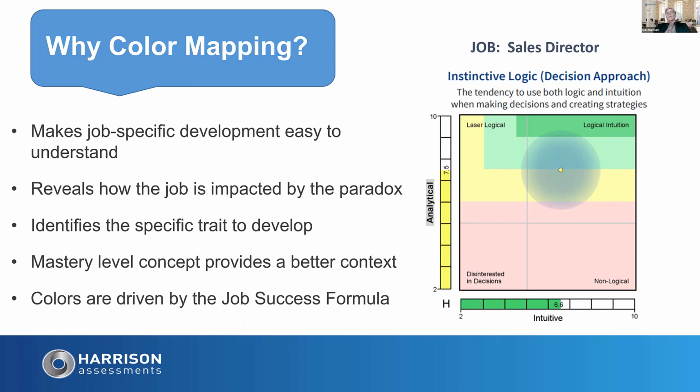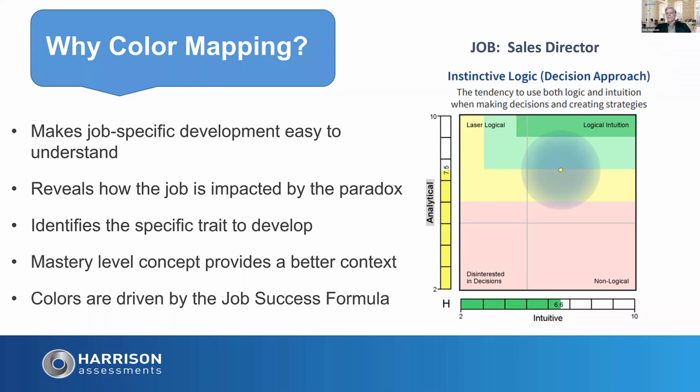So it's really important. We've developed this concept of mastery level, and paradox mastery level. Mastery level provides a really unique context because it's not saying your score is this, because we're sort of trained into thinking about our scores as if we're getting a grade in school. And, oh, I got a 3 out of 10 or 2 out of 10, it's so bad.